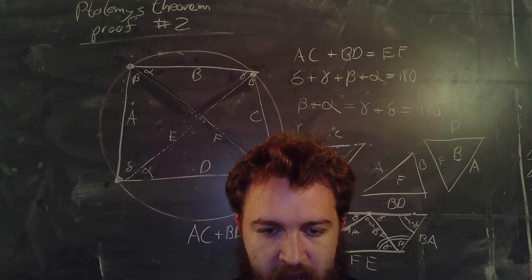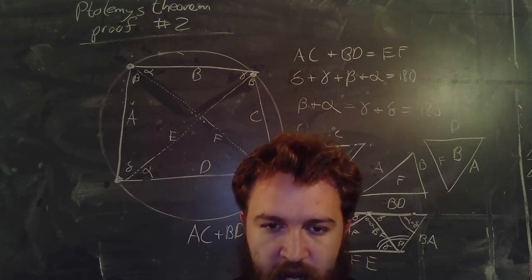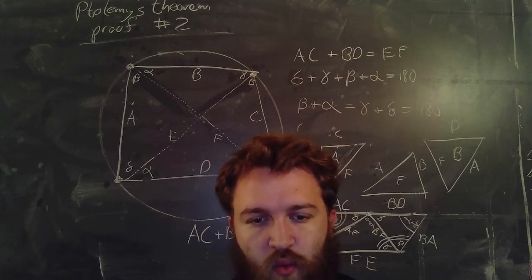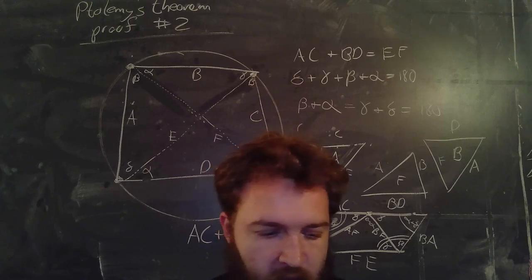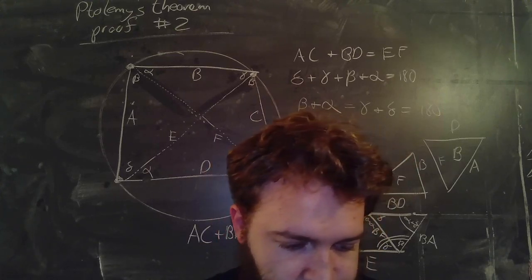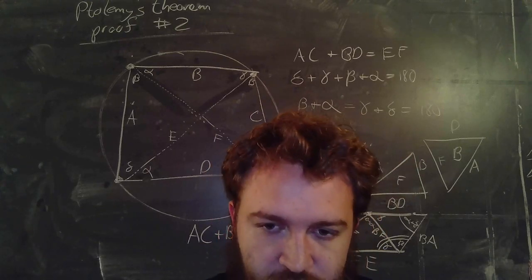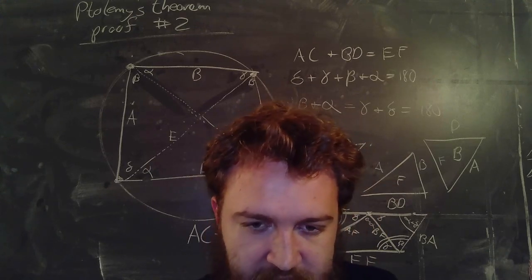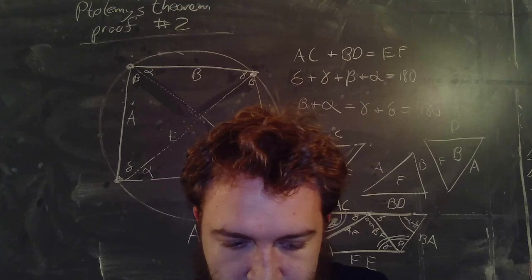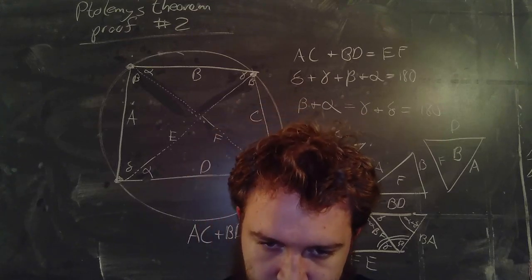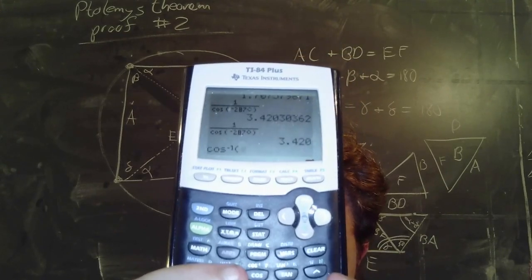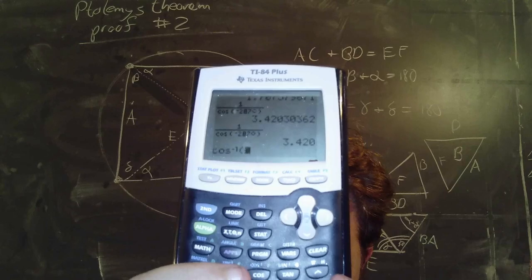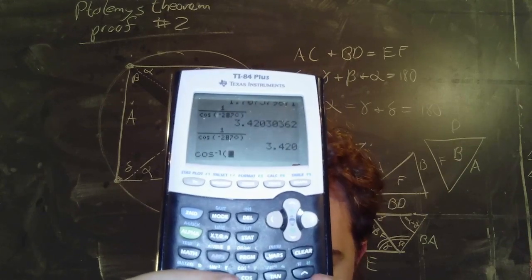So if I were to give you 0.92118541 is equal to the cosine of theta, and then I ask you what is theta, what angle had that cosine, what we can do is we can use this second cosine key. And you see that puts cosine -1 up here, cosine negative first power.